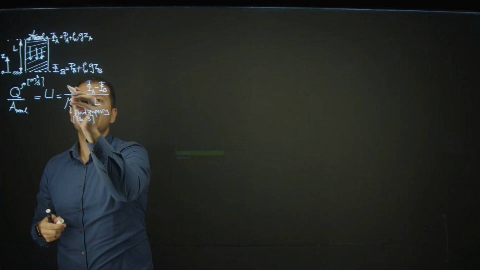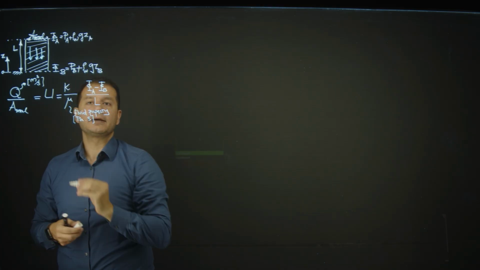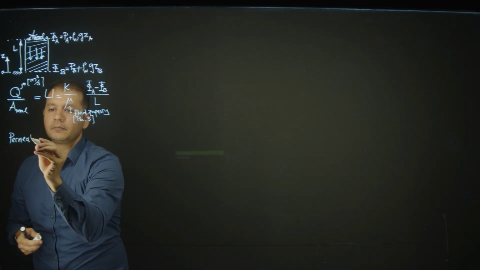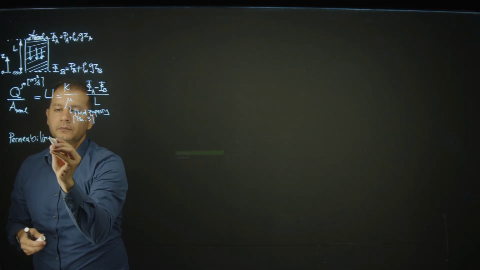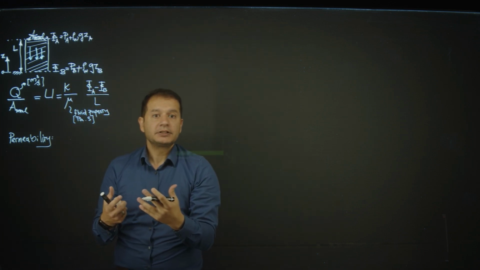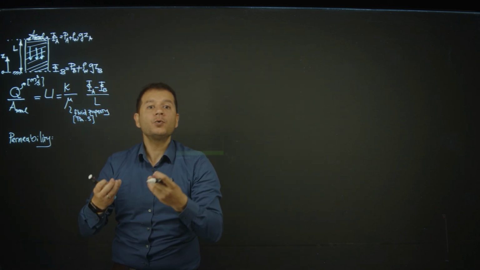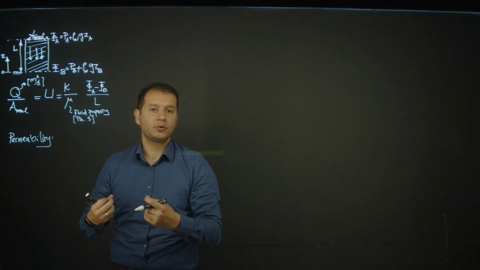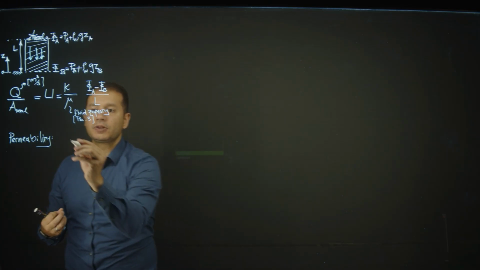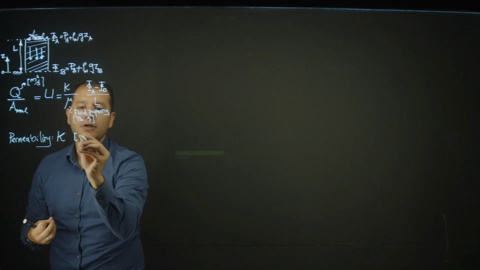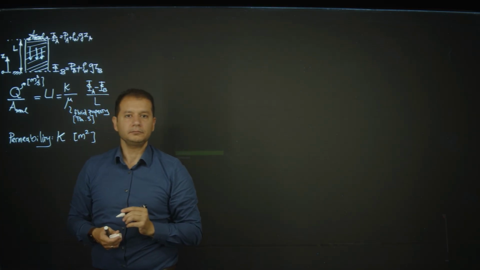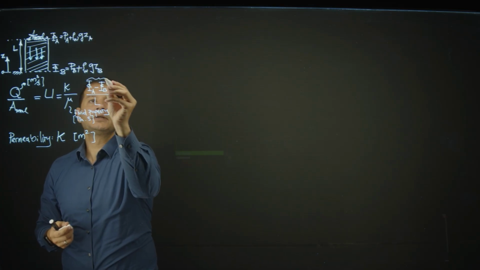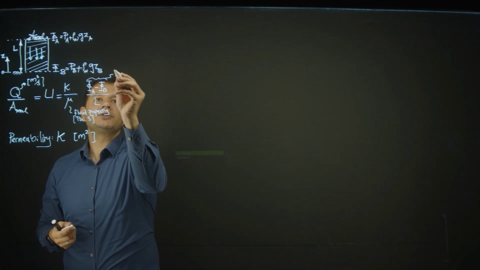That coefficient is called permeability, K. Permeability is the factor that quantifies how easy, how convenient flow through the pores of a rock or a porous medium is. So that's the K, and it has the dimension of meter square. Permeability. This is potential difference. The potential difference has the dimension of Pascal.